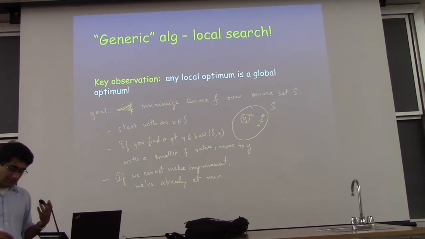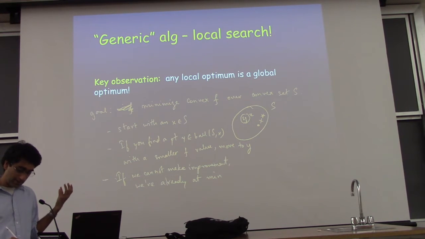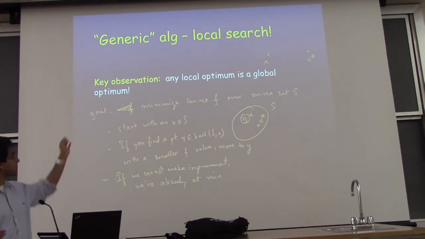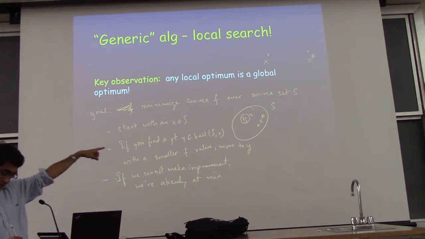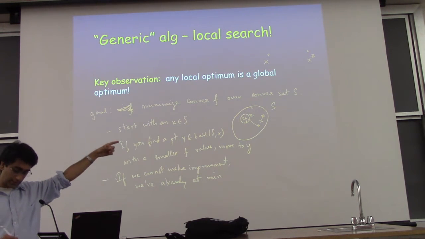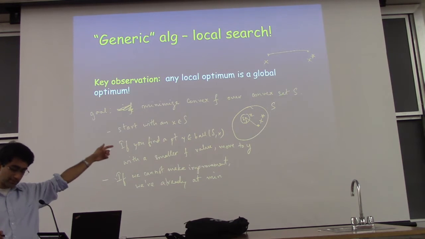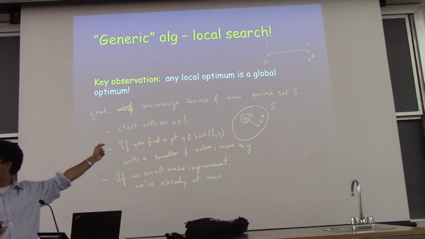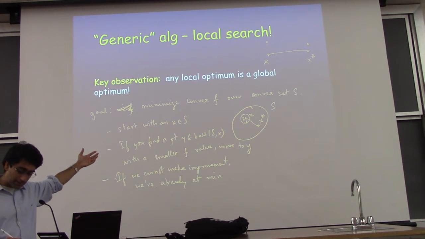So what he's saying is, I have this point x and I have this point x star. Let's forget about the whole space and just think of this line joining x and x star. I zoom in on this line. Now I know that f of x is something, f of x star is smaller. Now, how could it be that you increase at first and then drop?